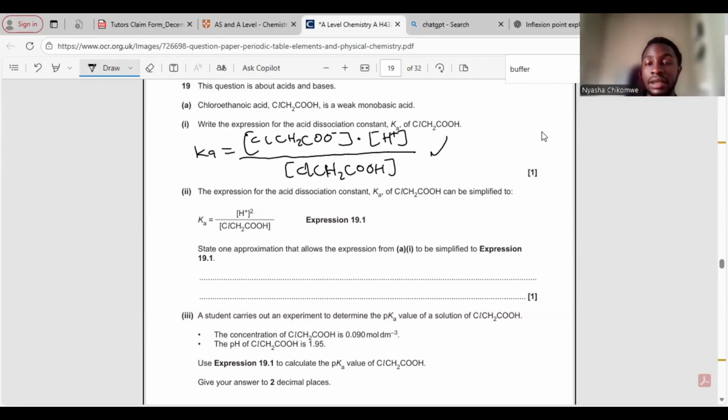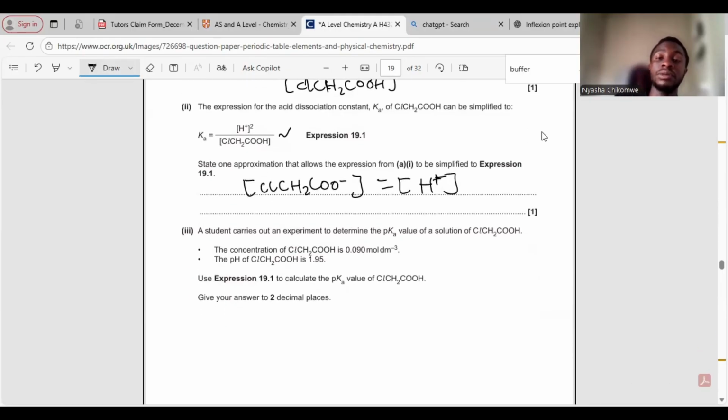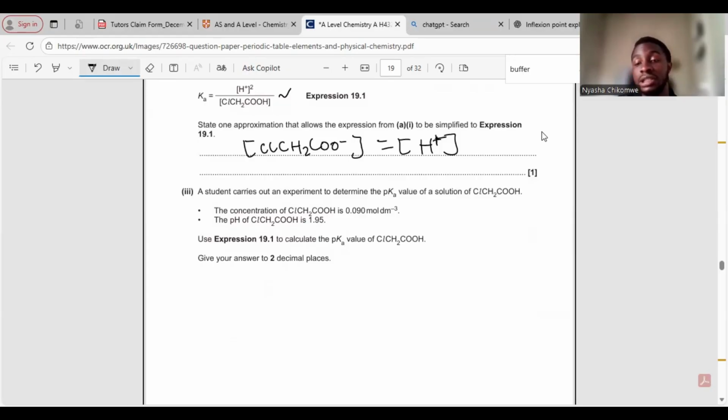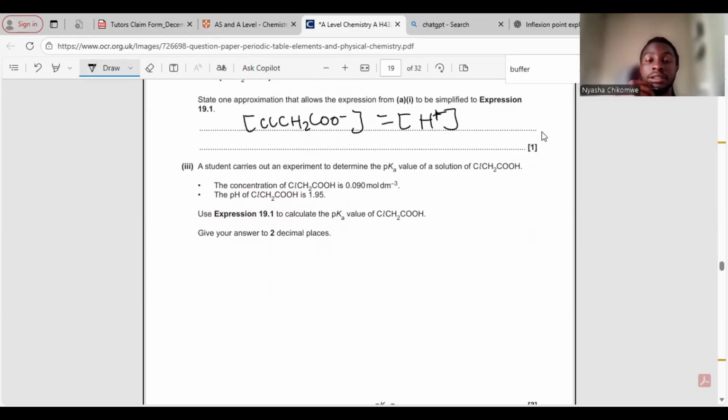This expression here in 1 can be simplified to the expression in 2. How? Remember, we spoke about this. The concentration of this ion can be equated to the concentration of the H plus ion. So the concentration of the conjugate base can be equated to the concentration of the H plus.